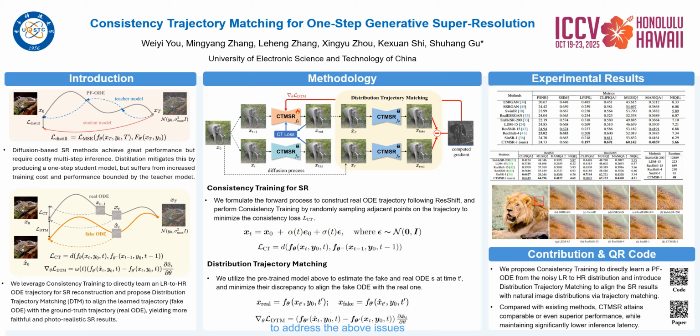To address the above issues, we propose consistency trajectory matching super-resolution (CTMSR), an efficient generative SR approach capable of producing hyperceptual quality HR images in just one step. Instead of distilling a one-step model from a pre-trained generative SR model, we leverage recent advances in consistency training (CT) to directly learn a mapping function from noisy LR images to HR images.